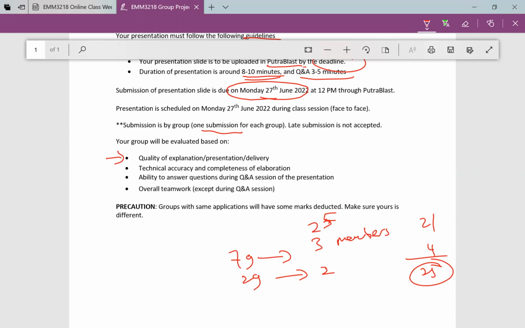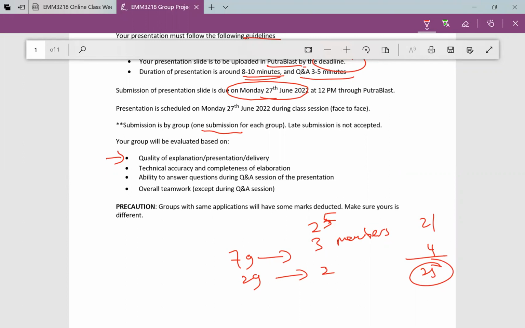And then part 2 is on the technical accuracy and completeness. There are two parts. One is technical accuracy, meaning whatever you're saying is accurate. And the other is that whatever you're saying is complete enough for that situation, for the analysis. It doesn't mean you talk about the equations one by one, but you try to explain it the best you can, covering all the important parts.